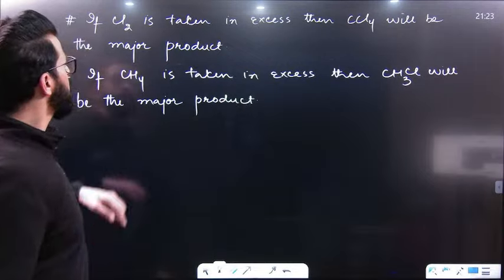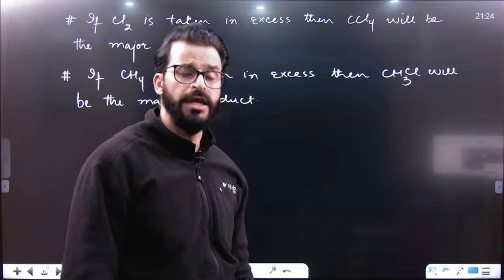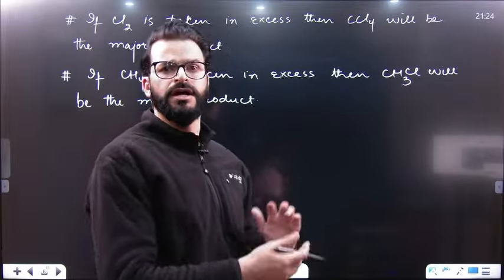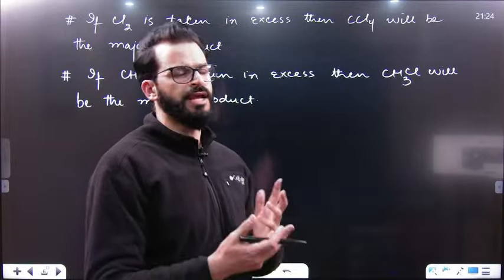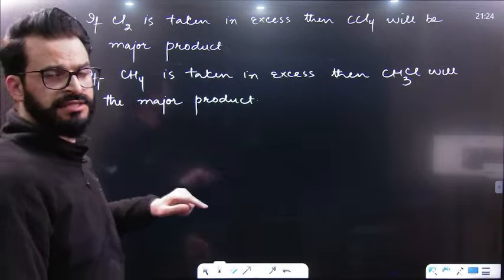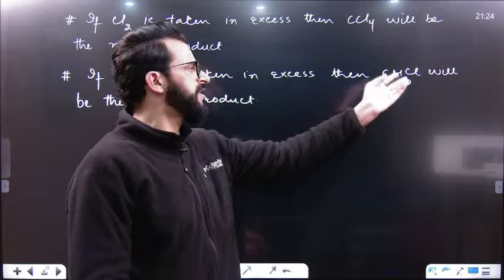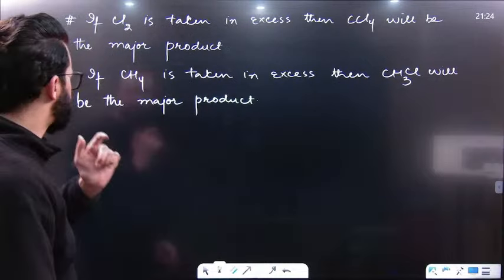Why? Because if Cl2 is taken in excess, then Cl radicals will be in excess and they will replace all hydrogens of methane and will form CCl4. Similarly, if methane is taken in excess, then CH3 radicals will be in excess. At that time, CH3Cl will be the major product.